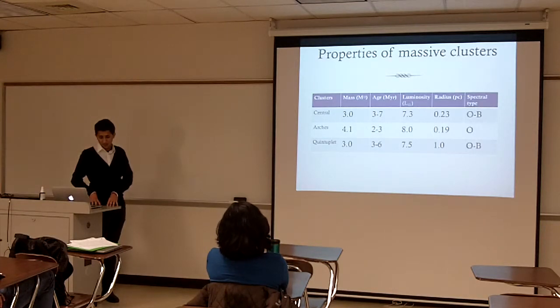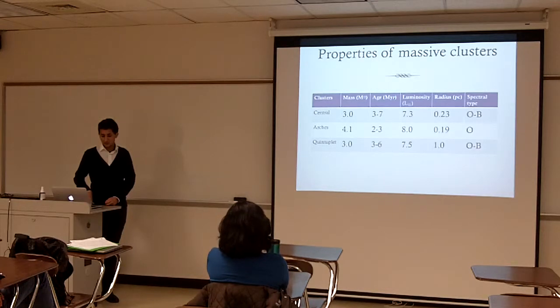As you can see here, the Arches cluster has a log mass of 4.1 solar masses, and an age between 2 and 3 million years. Compared to the central and the Quintuplet, the Arches are really massive and really young, and most of them are O-type stars.